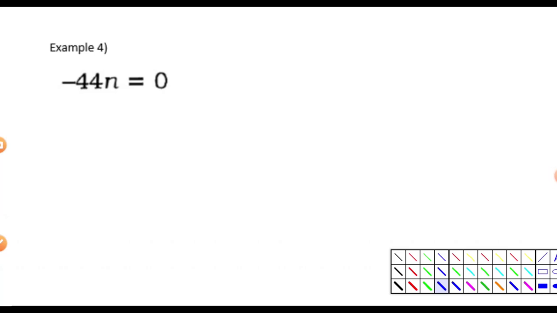All right, so again, let's try this one. What I see here is negative 44 times, remember when we place numbers and variables together, a number. So negative 44 times a number is equal to 0. You probably can figure out what this is already, but let's go through this. What's the opposite of multiplying by negative 44?